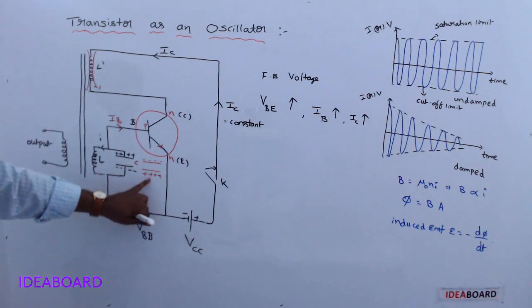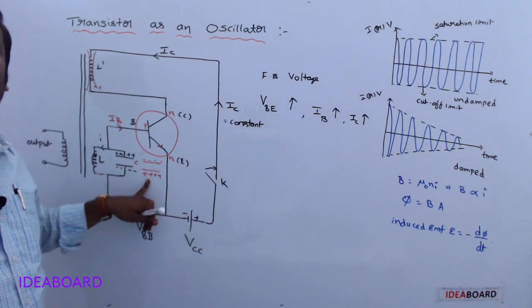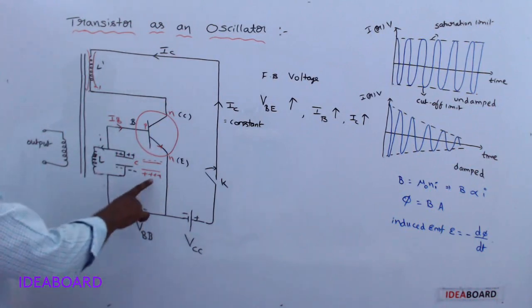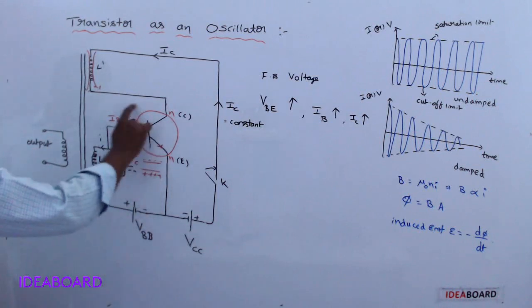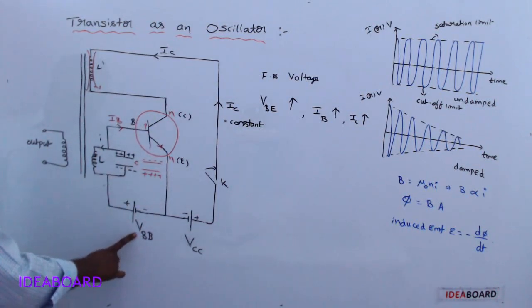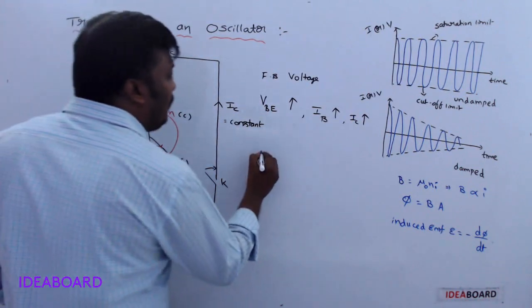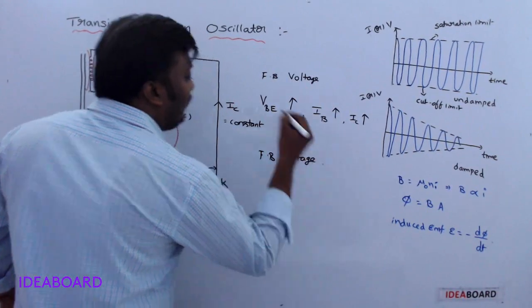Now the lower plate becomes positively charged. Whenever the lower plate becomes positively charged, properly see, the voltage across VBE is controlled by VBB now. That is called the forward bias voltage.